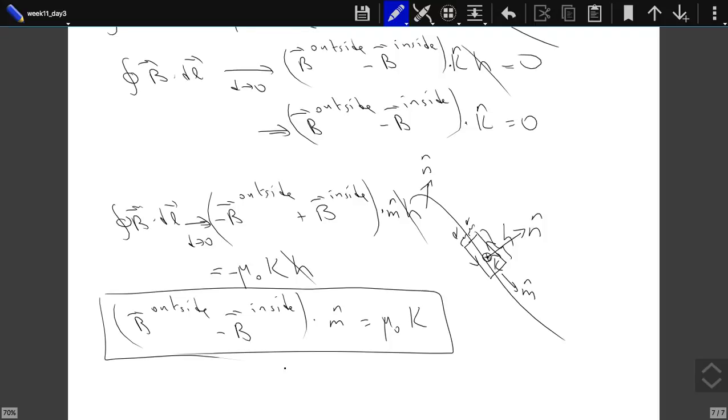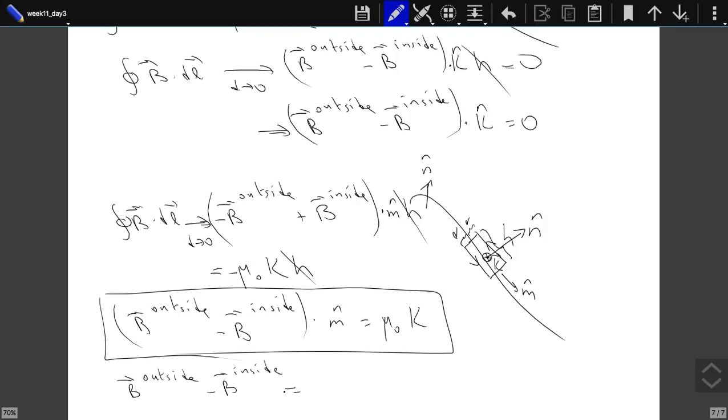Now let us combine all of these. Let me write B outside minus B inside, the jump in the B field as I cross my boundary. And remember, I'm crossing my boundary at this point, and at this point I already have my 3 coordinate axes chosen.